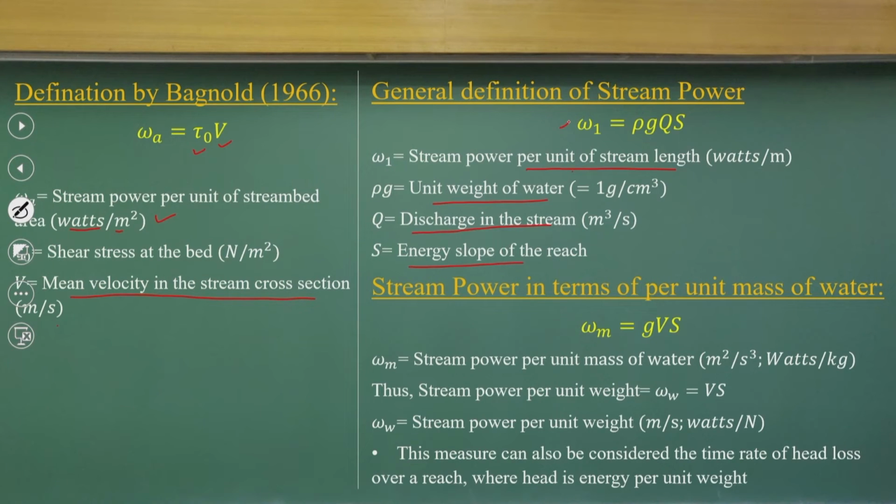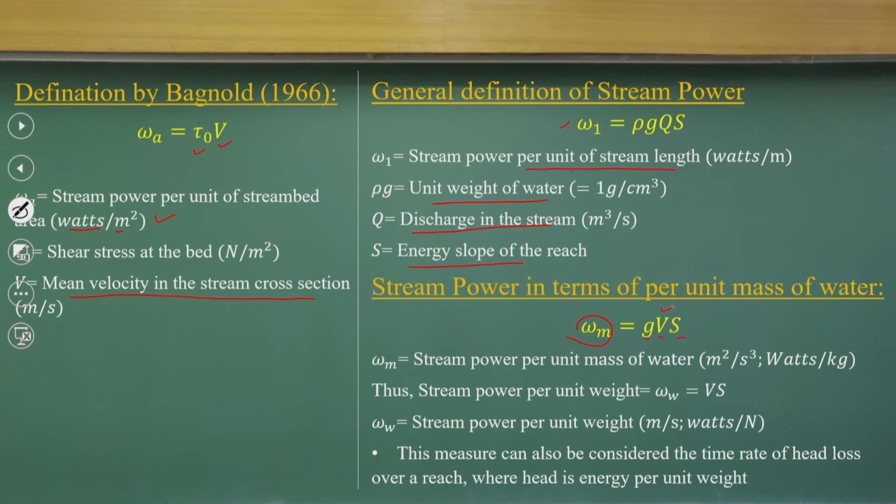If you are looking at it in terms of unit mass of water, you divide by the mass of water, rho times volume, and that gives the stream power in watts per kg, which comes out as gVS.